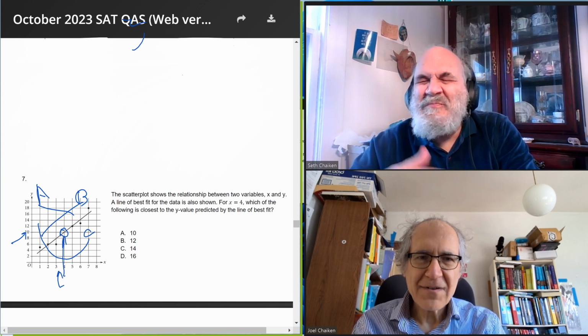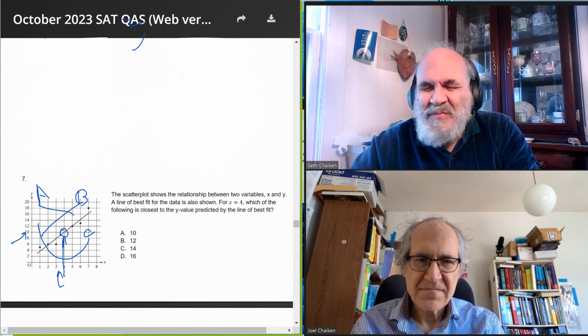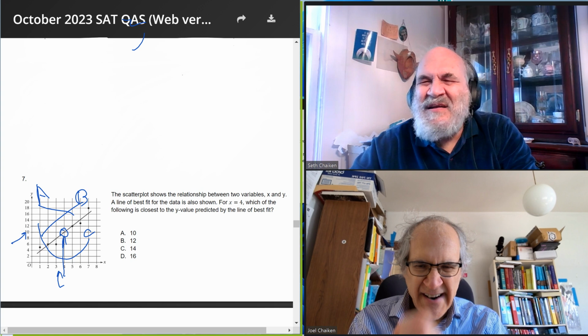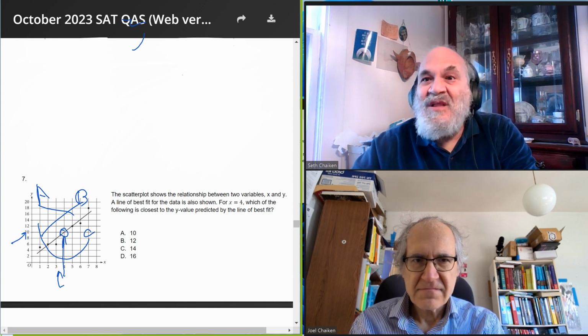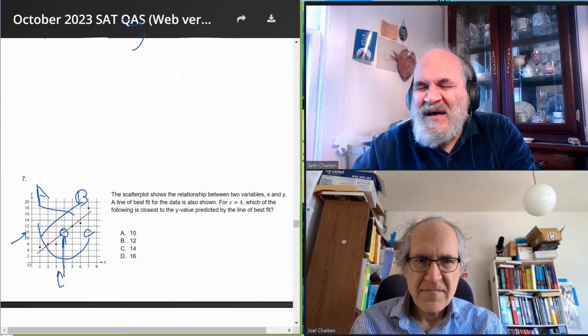The line of best fit is the line for which, if you calculate the differences between the data predicted by the line and the given data points, take all those distances and square them and add the squares, the line of best fit is the line that minimizes that sum of the squares of the differences between the data values and the values predicted by the line.